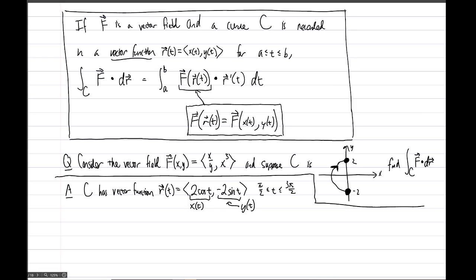So now let's work out, just because it's an ingredient we need, F of r of t, which is not good notation, but all the books do it. It's really shorthand notation for this. So let's just write it out. F of r of t is really F of x of t comma y of t. And so let's just fill those in.